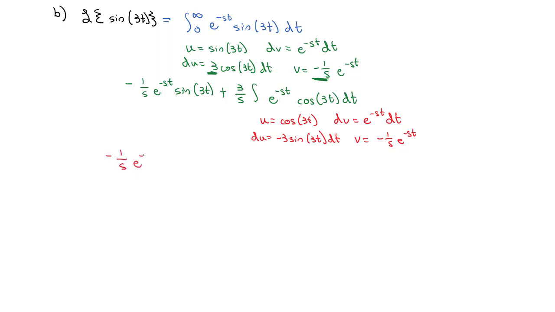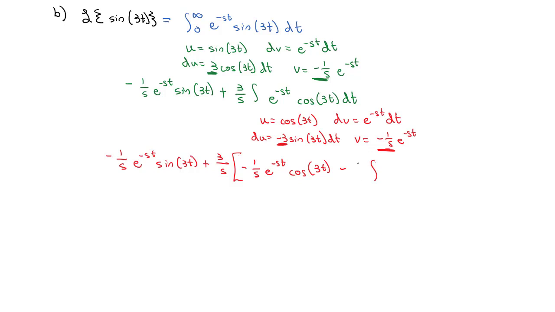Negative 1 over s e to the negative st times the sine of 3t, plus 3 over s times, and now our integral, u times v, is negative 1 over s e to the negative st times the cosine of 3t, minus the integral of v du. And again, we have constants out front.